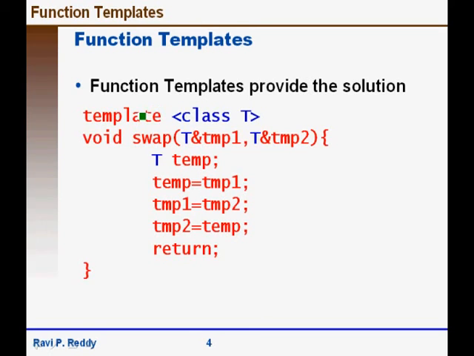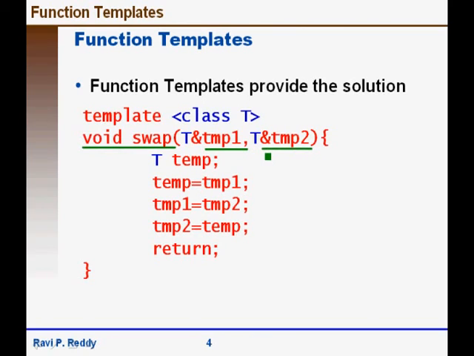Here we see a function template of a function to swap two values. Look at the syntax. The usual function is here, void swap. It takes two arguments, temp1 and temp2.